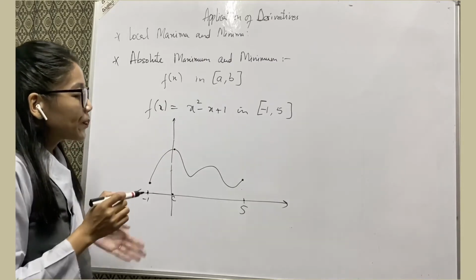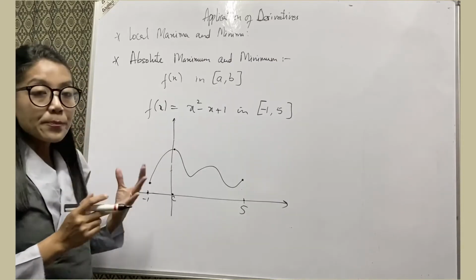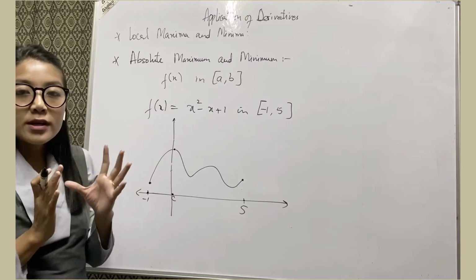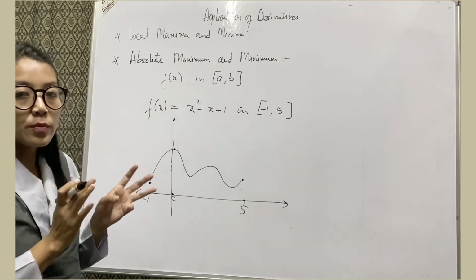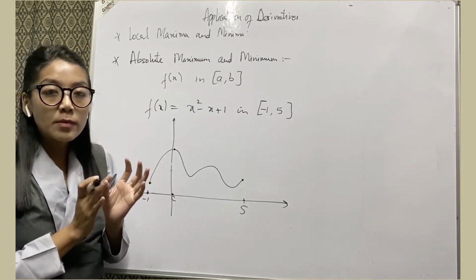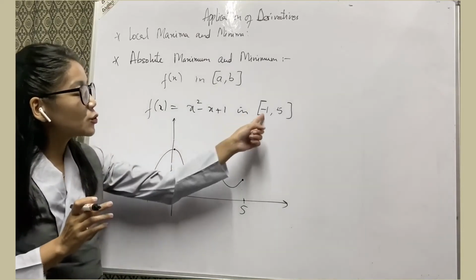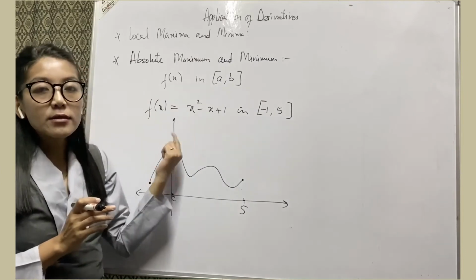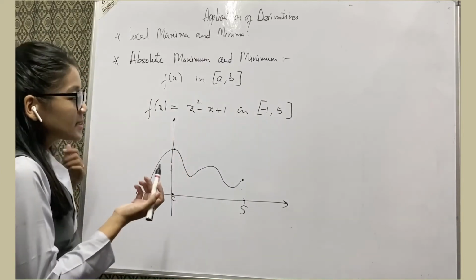So when you are finding the absolute maximum and absolute minimum, the values will lie either at the 2 extreme points or at the critical points. That is the only possibility.